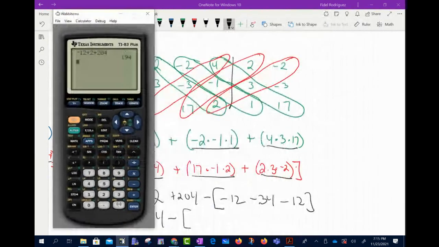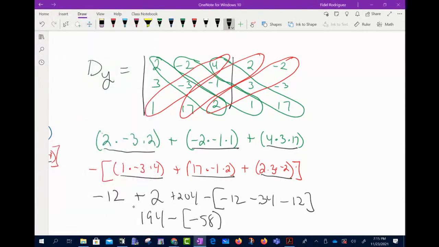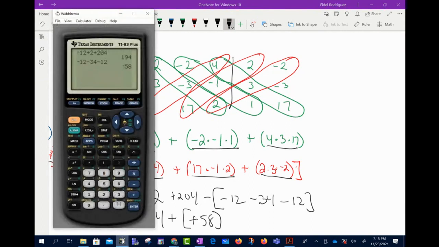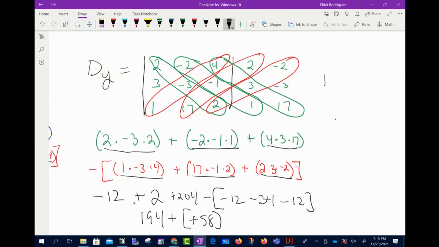Okay, so we have a -12 minus 34 minus 12 again. That's a -58. Okay, so remember, minus and minus is going to give me a positive. So 194 plus 58 is 252. Okay, so I got my value for dy. dy is 252.